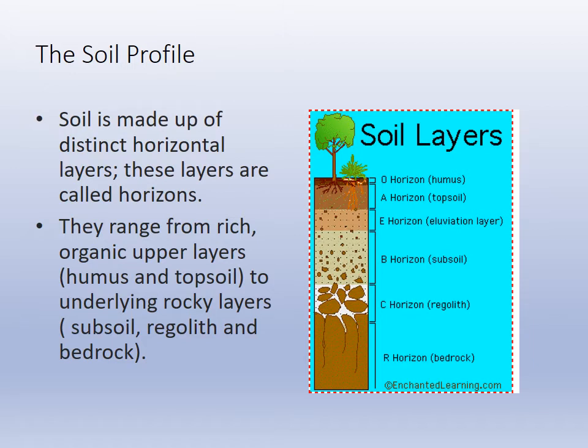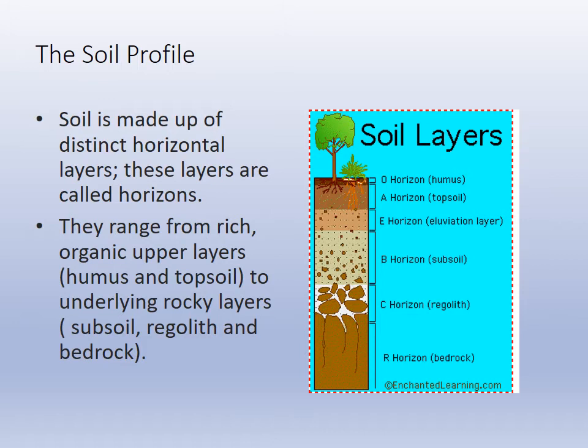So the soil horizons, we term the soil profile. O is the organic, what's on top of the soil. A is the topsoil. E is the layer where the chemicals build up, the eluviation layer. B, subsoil, tends to get rockier. C, the regolith, and then D, the bedrock.